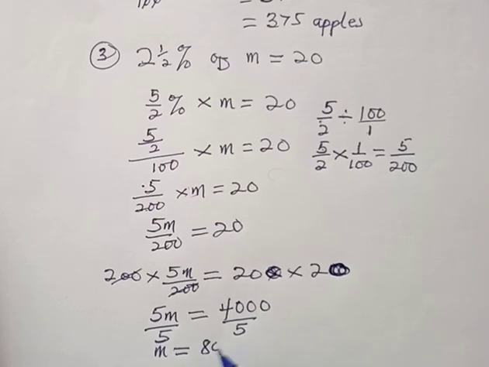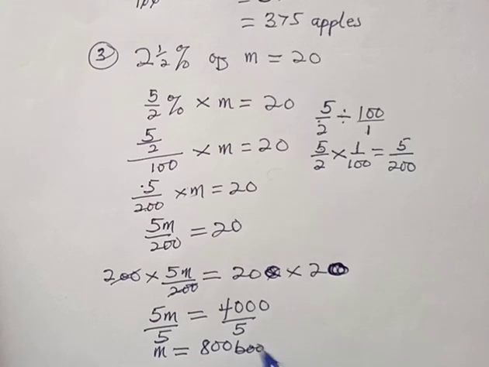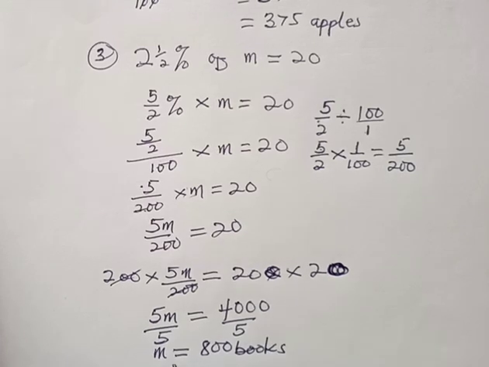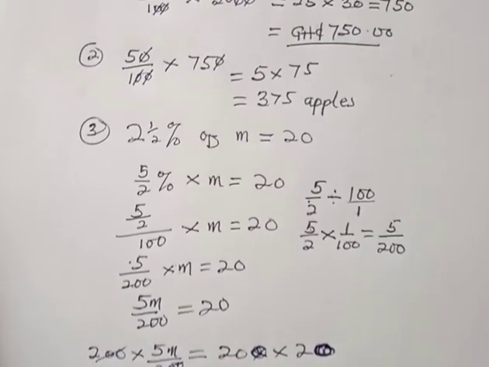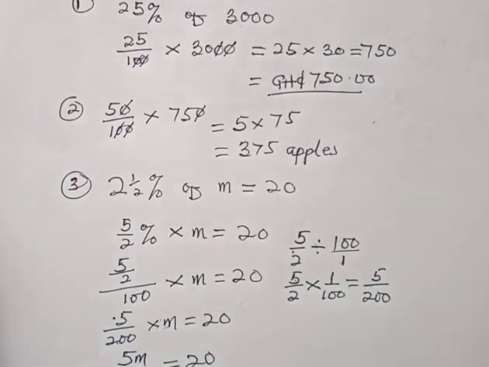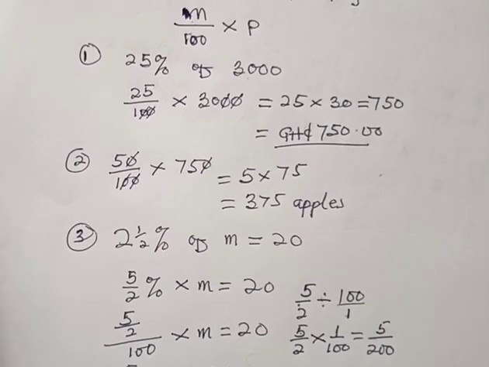So we have 800. Good. So that's it. So we were asked to find what? M books. Therefore, we have 800 books. This is very basic, very simple. So when you have such example, this is how you can go about it. Very basic. All right, good.